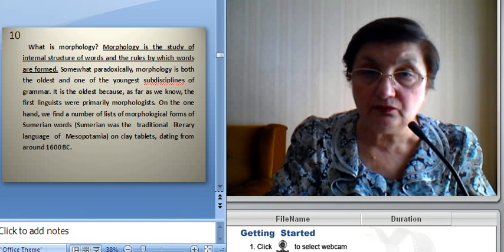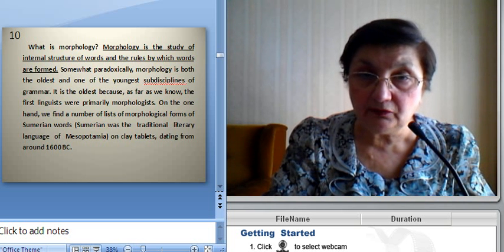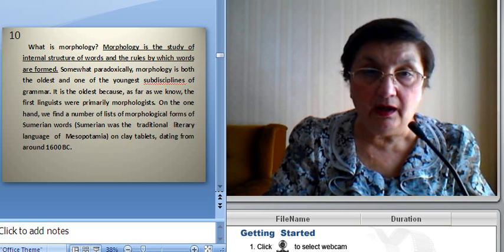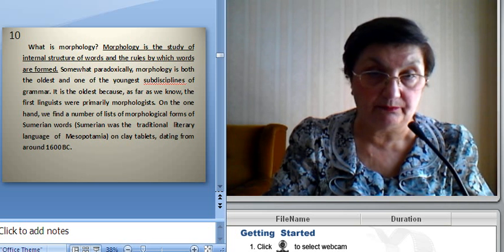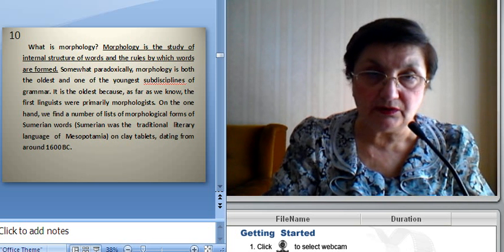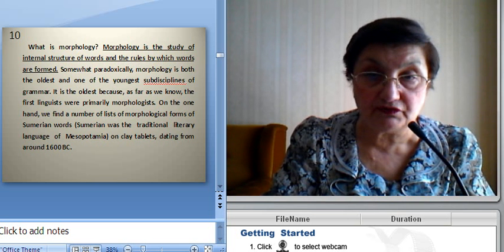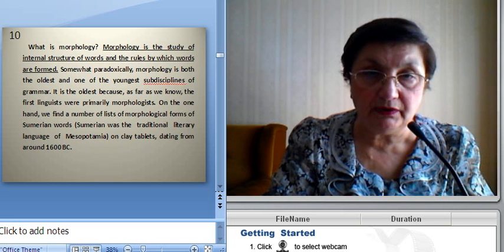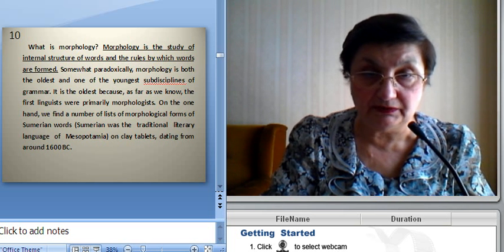Somewhat paradoxically, morphology is both the oldest and one of the youngest subdisciplines of grammar. It's the oldest because, as far as we know, the first linguists were primarily morphologists. On the one hand, we find a number of lists of morphological forms of Sumerian words on clay tablets dating from around 1600 BC.